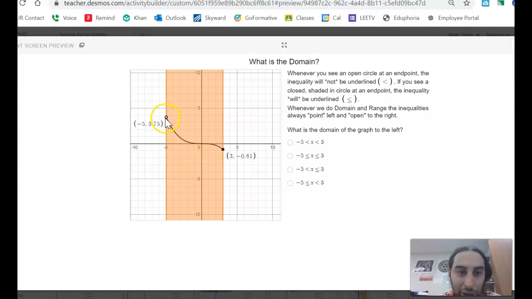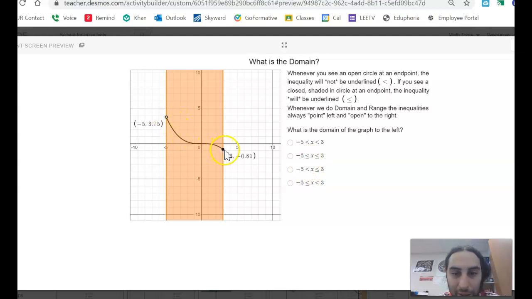On the far left is an open circle. Open circles are not underlined, okay? They look like that. So -5 with an inequality, a less than sign, that's not underlined. So that could be this one, or it could be this one, okay? So either the first or the third answer choice. The second and the fourth cannot be right because it's not shaded in, okay?